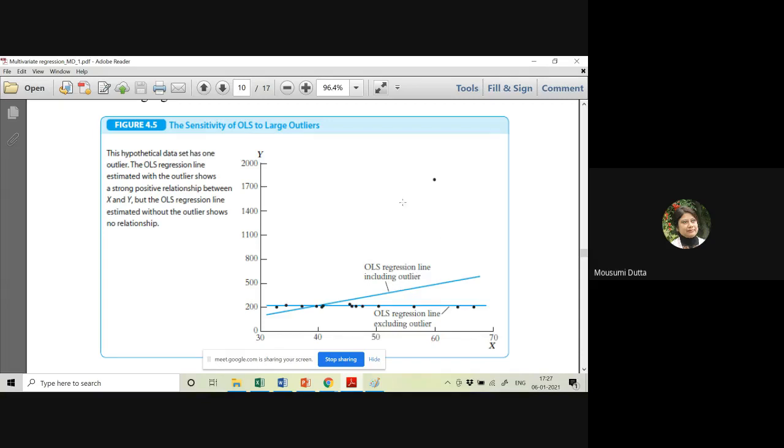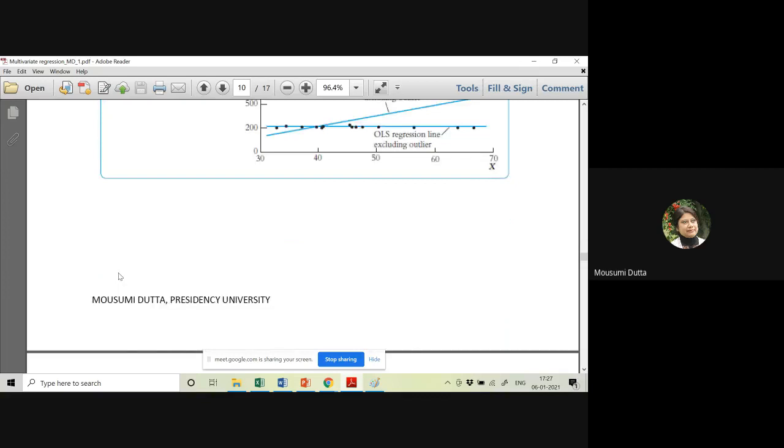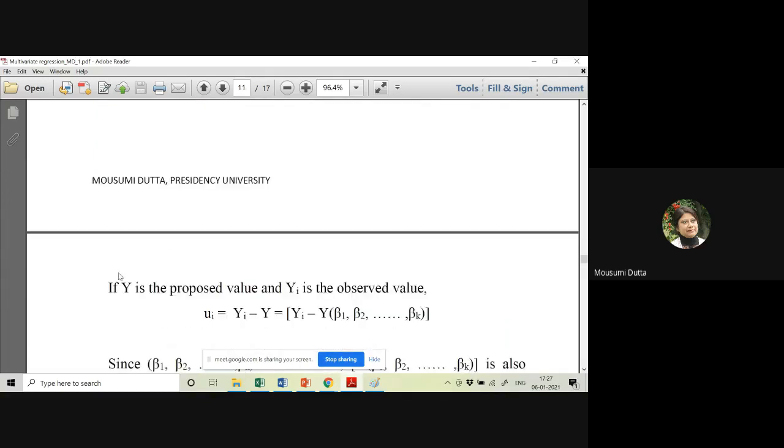However, if you eliminate this outlier, you find the relation is actually a bit negative. So this kind of mistake will take place if we incorporate outliers in the analysis: the fit is negative, but you get positive. So to begin with, we assume that large outliers are unlikely.